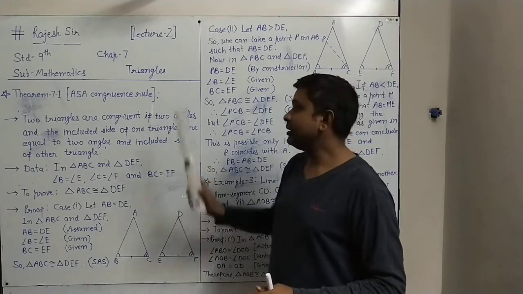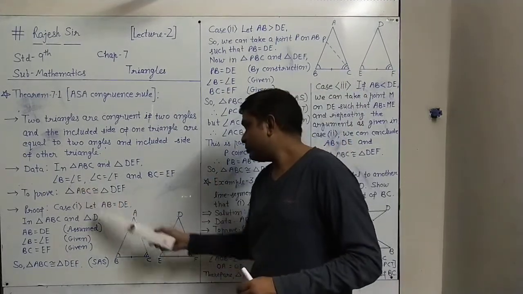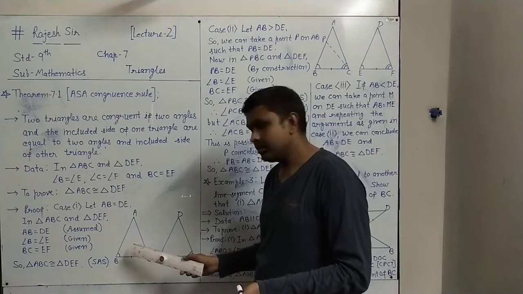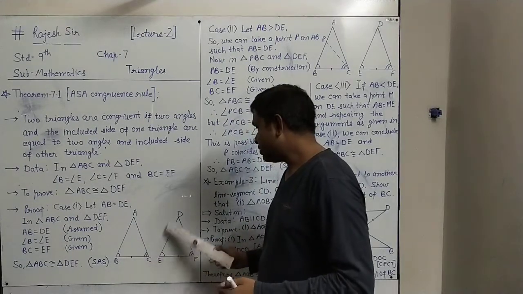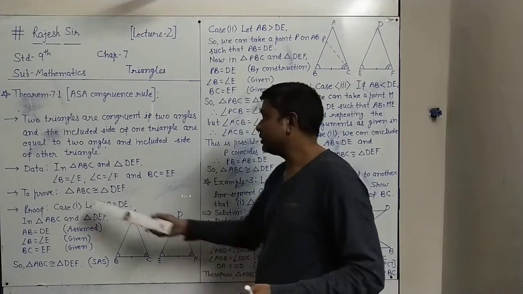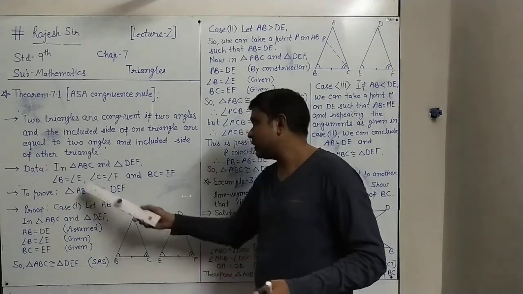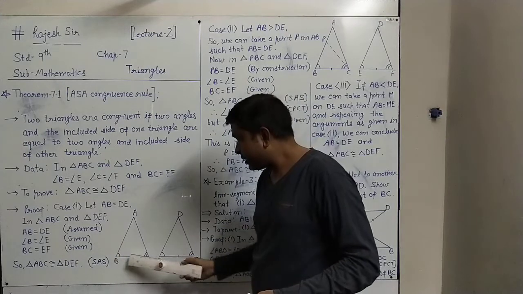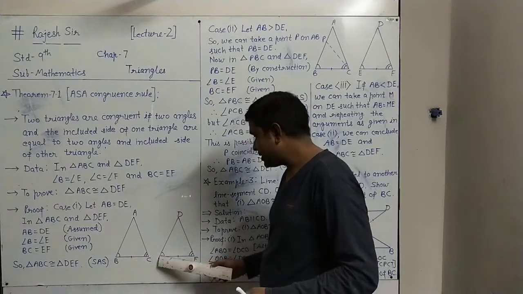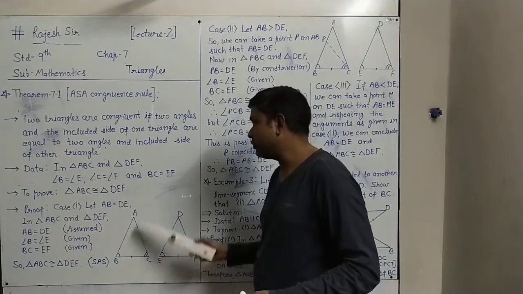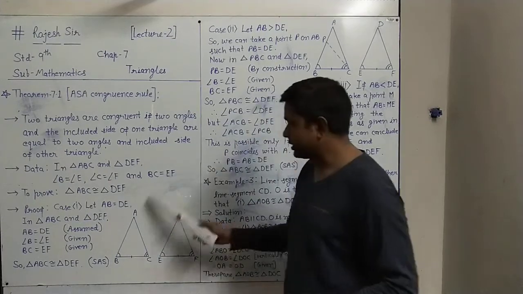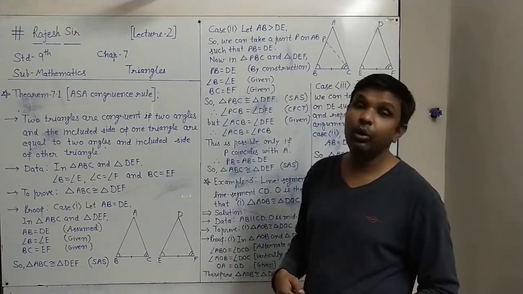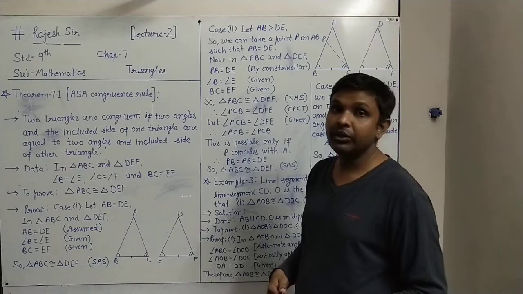So, given, you understand? Two angles B and C of triangle ABC are equal to the two angles E and F of triangle DEF. That is, angle B equals angle E and angle C equals angle F. And the included side of these two angles, BC, is equal to EF. Then these two triangles ABC and DEF are called congruent triangles, by which rule?